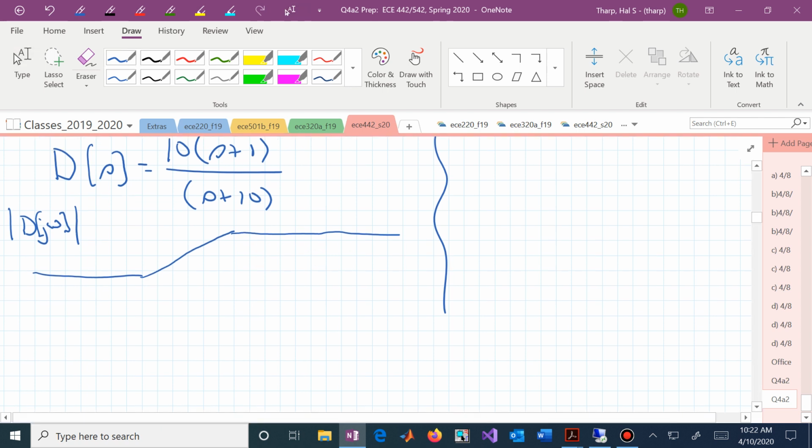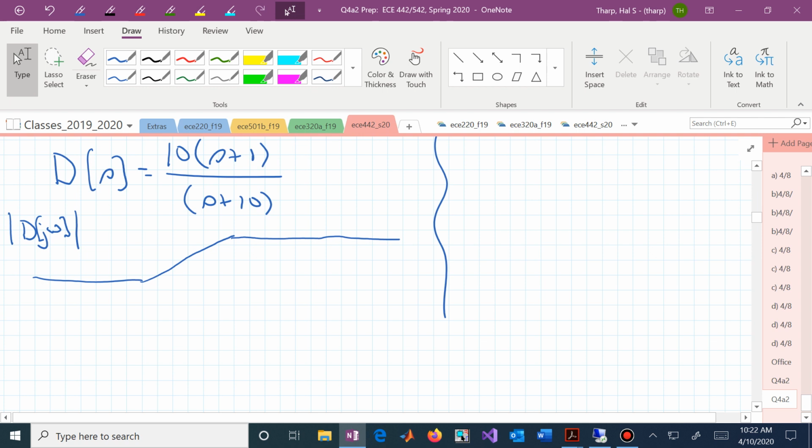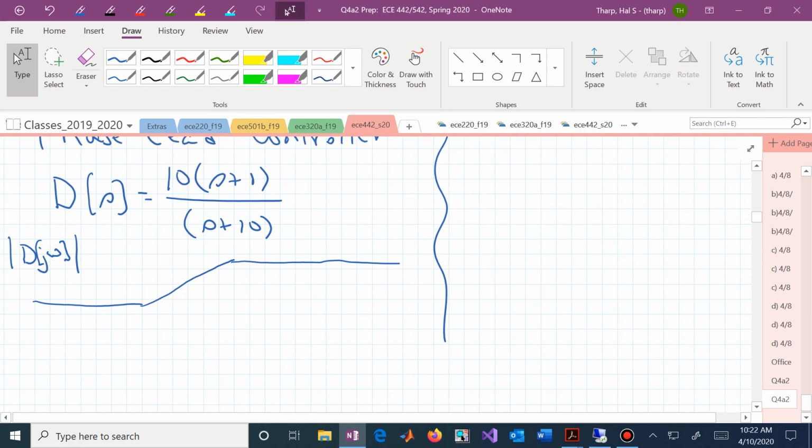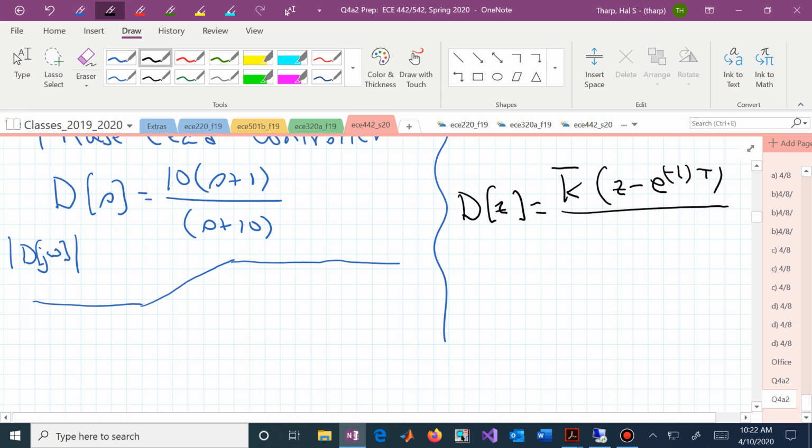In this case, we could actually match the gains pretty much anywhere we wanted. Over here, we would have a d of z that's going to be some gain k bar. Then we have a 0 at 1. So this is now e to the st. This is e to the minus 1 times t over z minus e to the minus 10t.